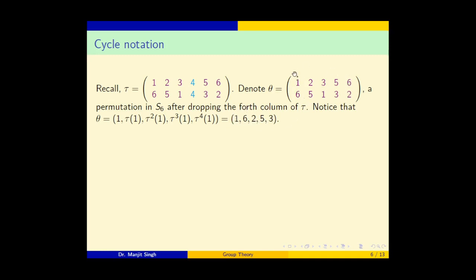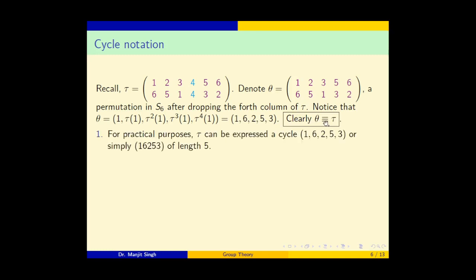In this notation of permutation, we can see that theta can be expressed in a single row. We can call this one row notation. Using this notation, we can clearly see theta is identical to tau. Now using this notation, we find many interesting observations about a permutation.